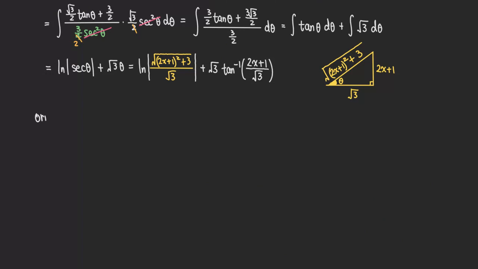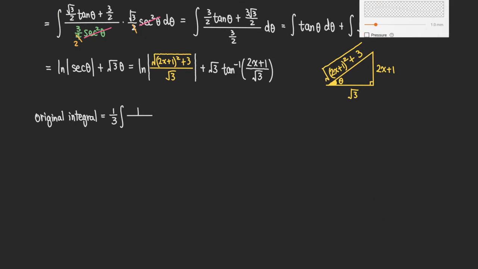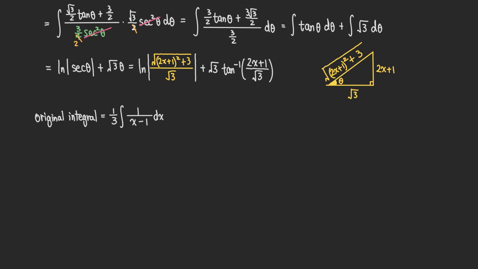So coming back here, the original integral is equal to, what do we have here? 1 over 3 times the integral of 1 over x minus 1, and then minus 1 over 3.